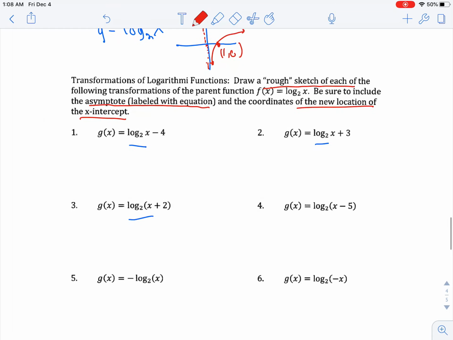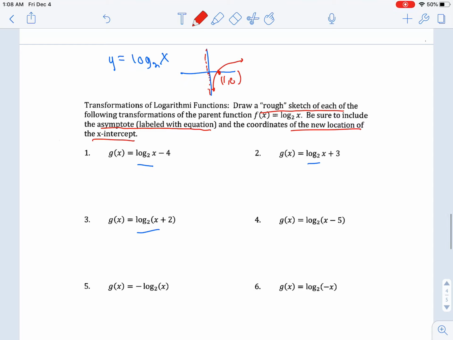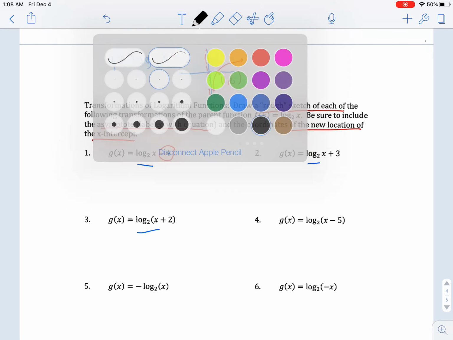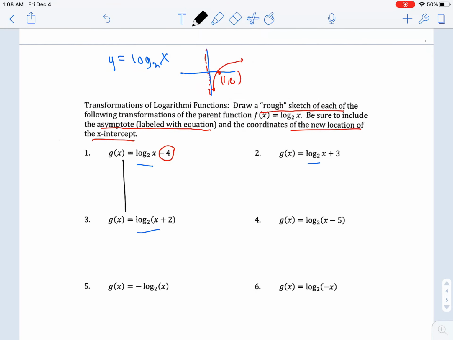So the log base 2 of x minus 4, the minus 4 that's kind of stuck out here at the end, remember, means that you move everything down 4 units. So if I take the parent function and move it down 4 units, notice that the asymptote is a vertical line, and if I move it down, it doesn't change it. So my new graph is going to have the same asymptote, the line x equals 0.